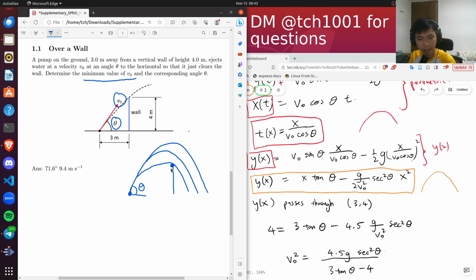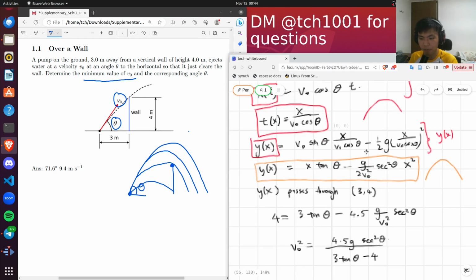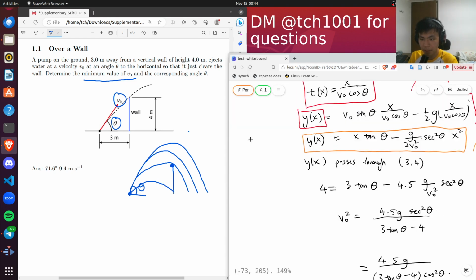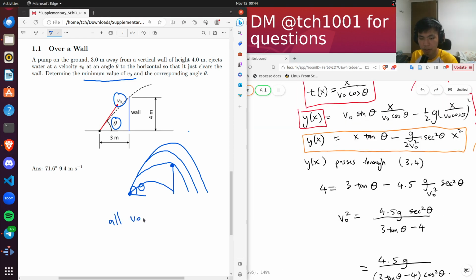And after that, I cannot reduce the velocity any further, right? Of course, I want it to touch because if it's too low, then it hits the wall and it cannot pass the wall. So now, instead of searching the 2D parameter space of v naught and theta, I want to reduce it to searching a 1D parameter space.